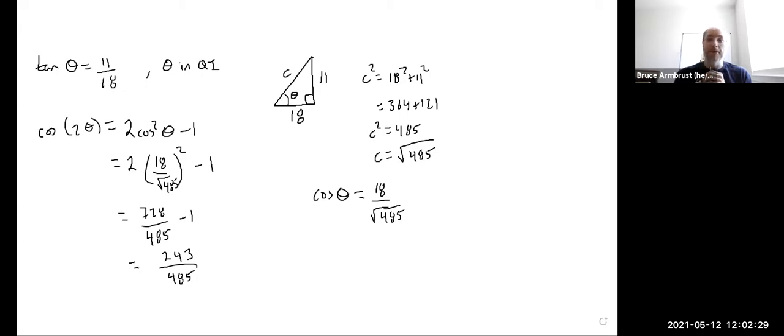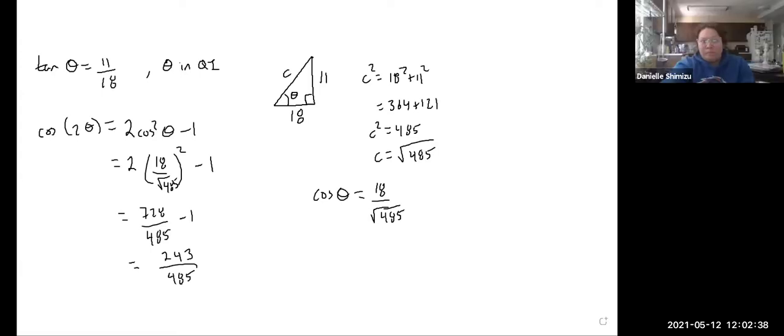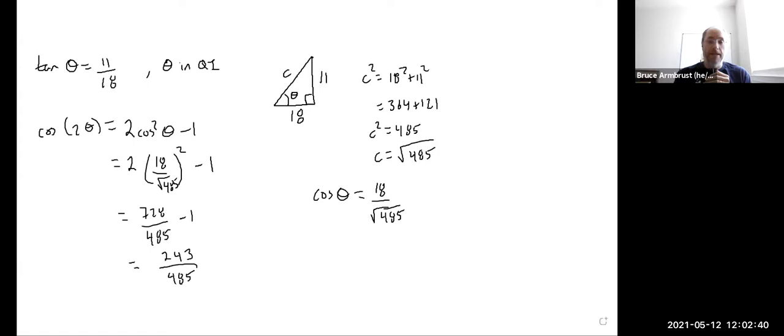That's definitely possible. It could be in quadrant 4. What other quadrant could it be in? 1. It could be in quadrant 1. And actually, that's the best we can say right now. 2 theta is either in quadrant 1 or in quadrant 4.